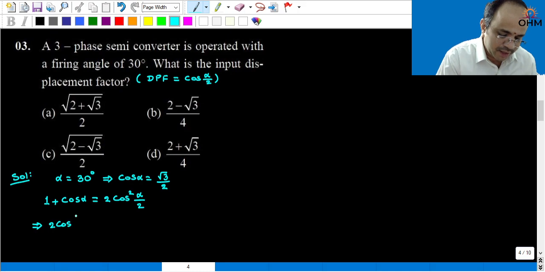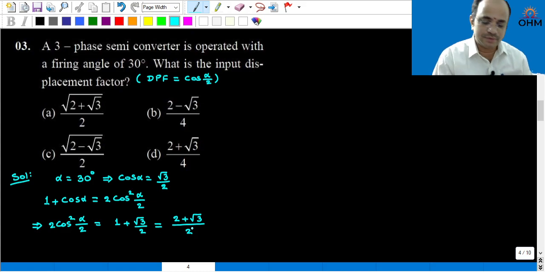Therefore I can write down here 2 into cos square alpha by 2 is equal to (1 plus root 3) by 2. That is nothing but (2 plus root 3) divided by 2.